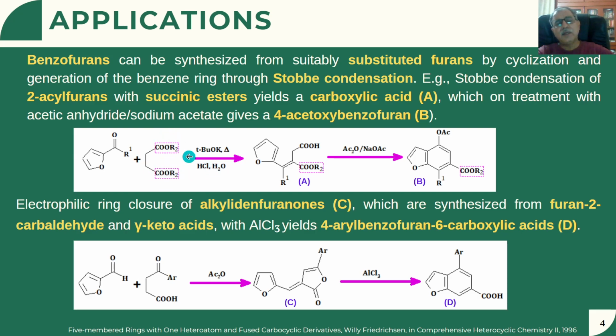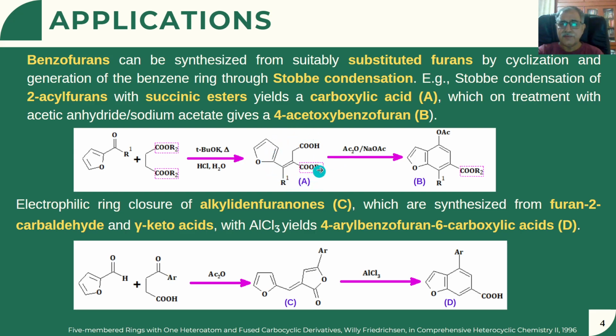then in the presence of strong base and then hydrolyzed by HCl and water, as we have seen previously, these diesters will react with this carbon oxygen double bond and the half esters of the corresponding carbonyl compound will be formed.